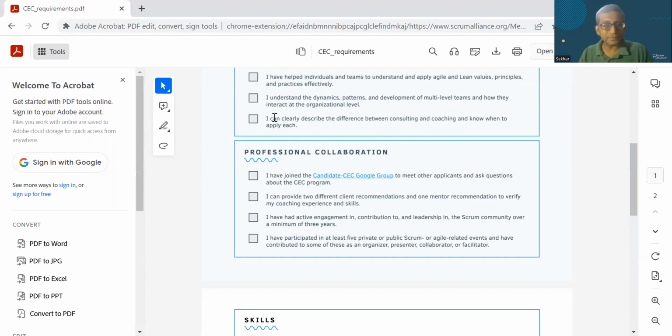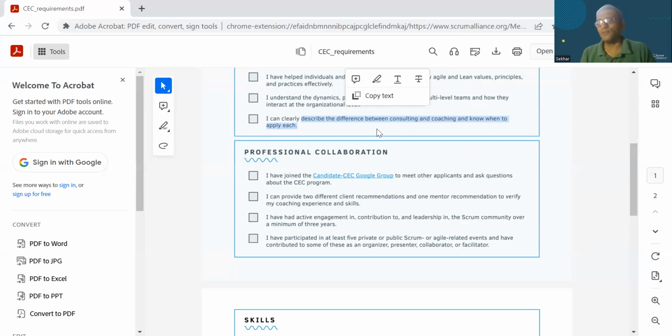And you can describe, and this is where many people go wrong, you must be able to describe with an example the difference between coaching and consulting. This application is not for consultants. That's where many people have their own challenges, because coaching is pretty different from consulting.